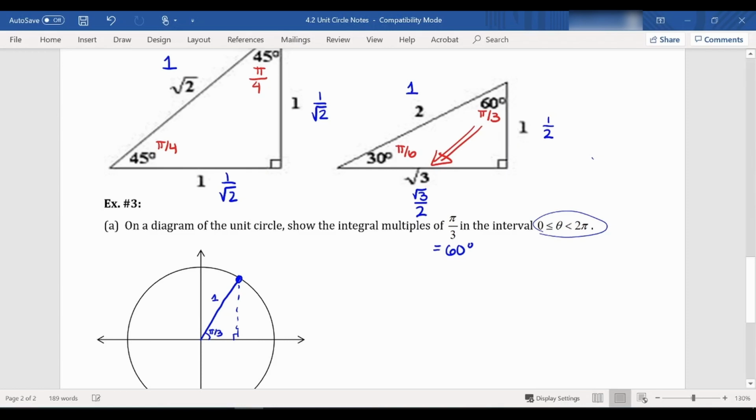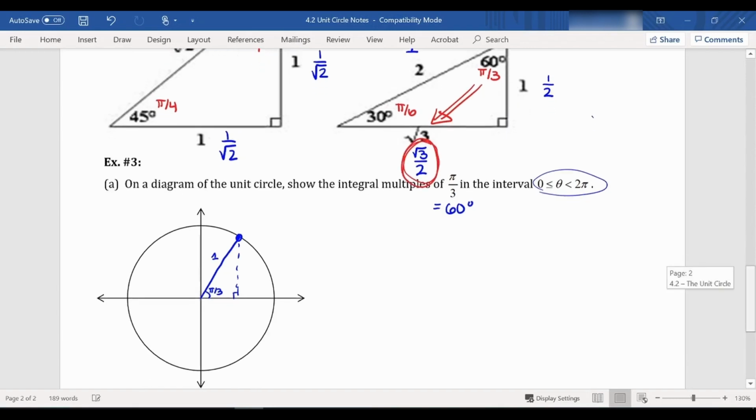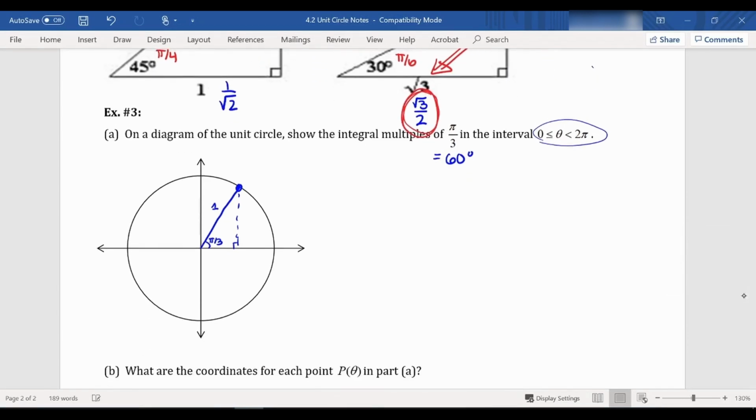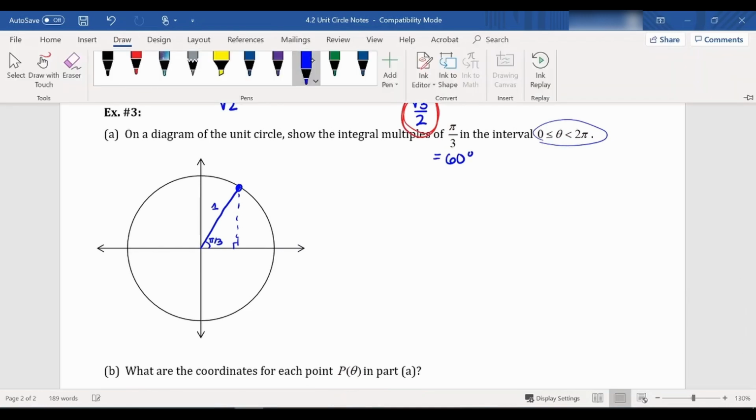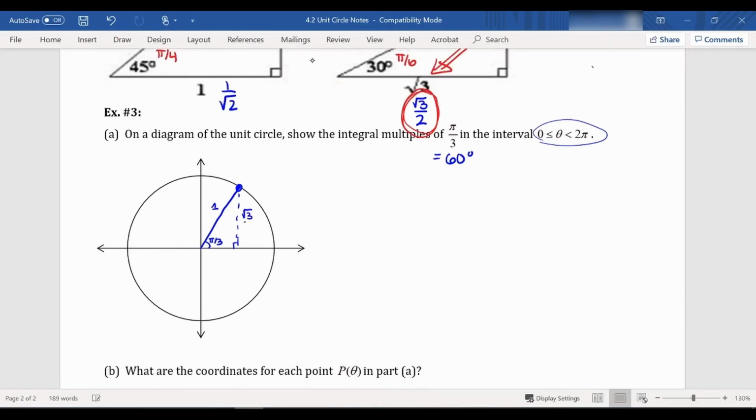And because I'm scaled to be for a unit circle, I'm not using root 3, I'm using root 3 over 2 here on my side length. So my pi over 3 should be across from my root 3, or in this case, my root 3 over 2. Now that means my last side length should be the 1 over 2 from that special triangle.